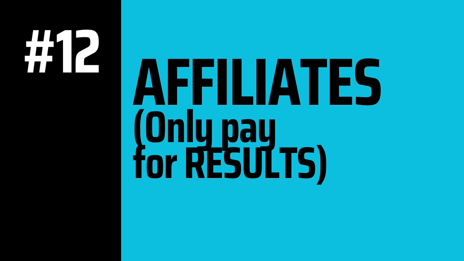The percentage ranges from very low to over half the sale. But if you are doing digital products, 50% is pretty standard for a course like this. You don't have to pay them any upfront revenue, and they only get paid when someone buys the course. So you are simply paying for results.